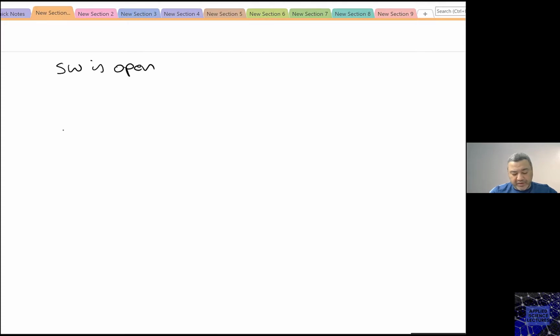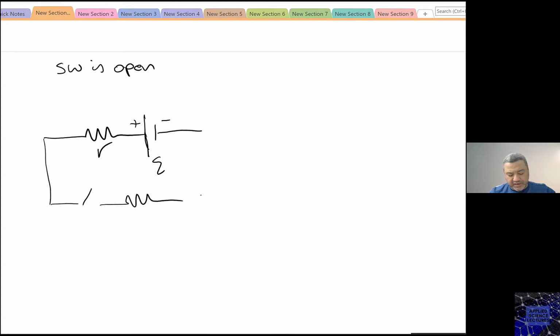I have the following circuit. I have here the internal resistance R and then the electromotive force. Now the circuit here, since the switch was open, it can be removed.